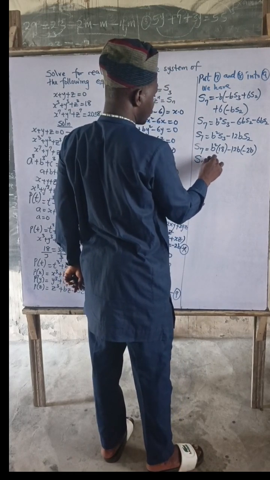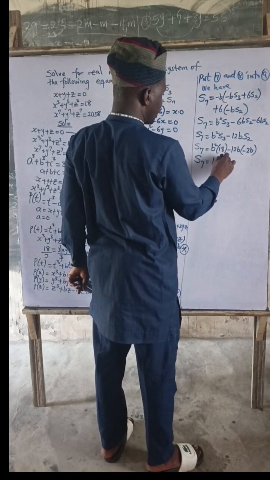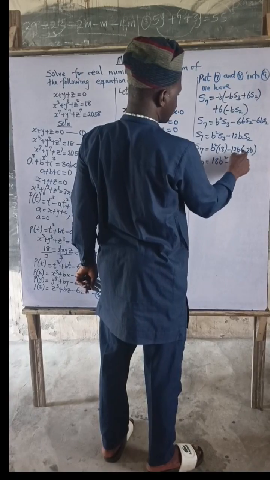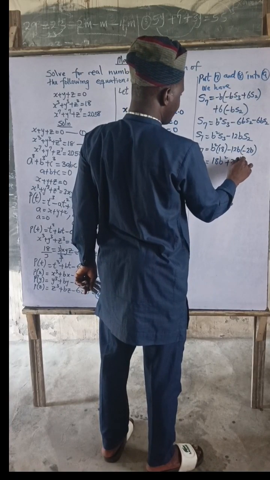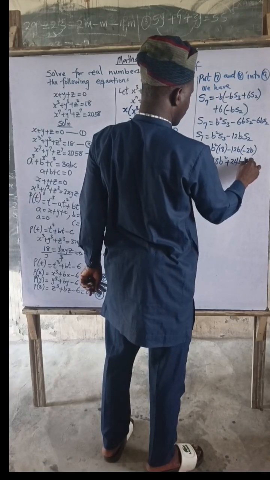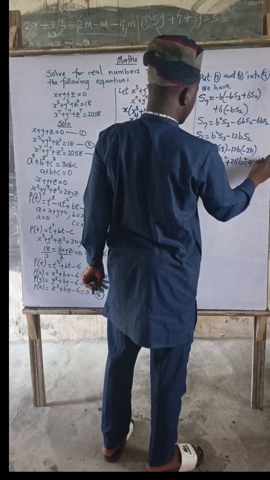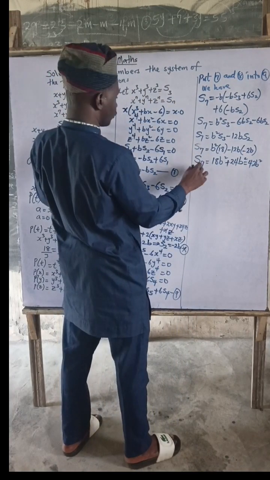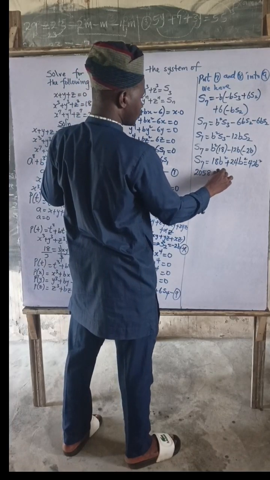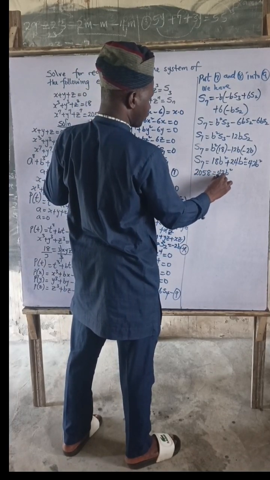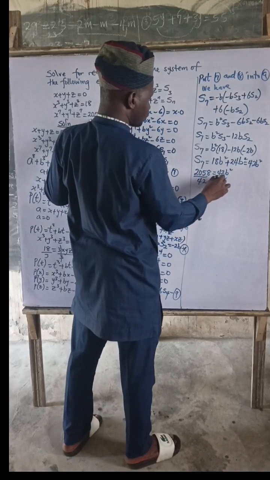We have x7 equals 18b squared minus, that is minus and minus will be plus, then we have 24b squared. When you add together, you are going to have 42b squared. Now let's substitute. We have x7 to be 58 equals 42 b squared. Divide both sides by 42. This cancels.